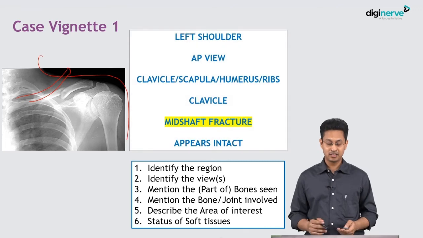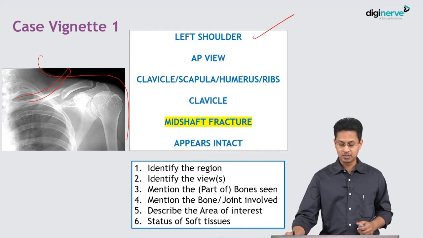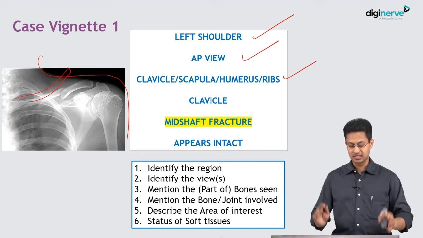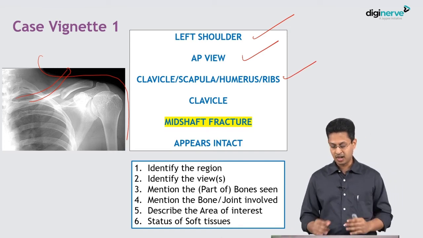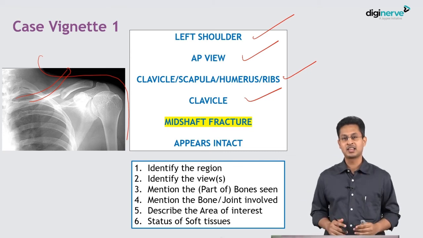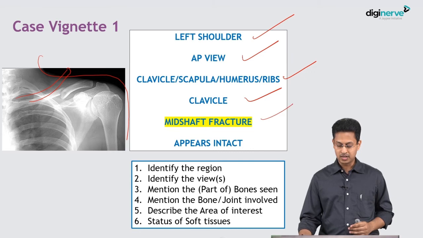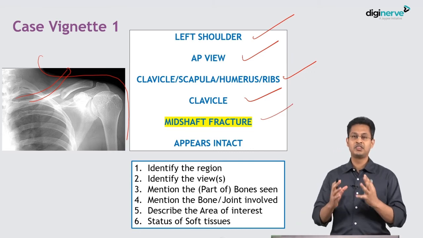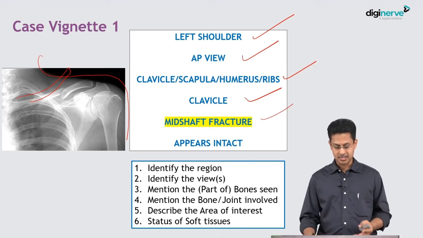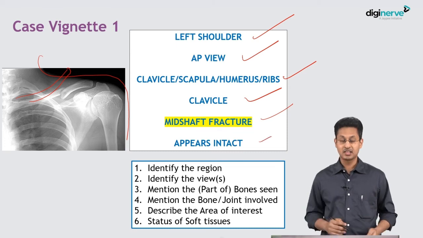With this template, it is the right approach: you describe the region, the view, the bones seen in the entire film, then the bone which is actually involved, then use technical terms to describe the features of the fracture, and soft tissue in this case appears intact.